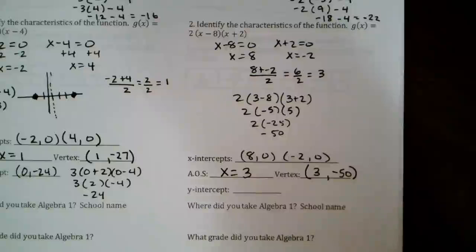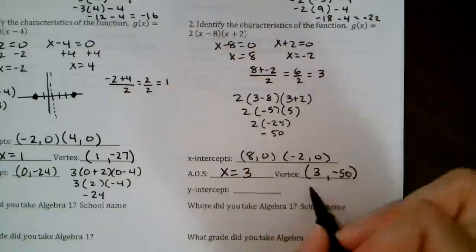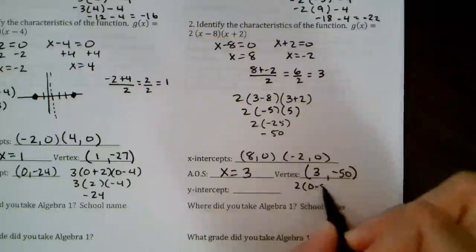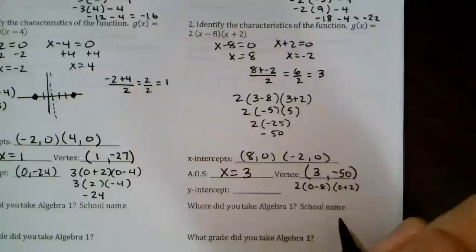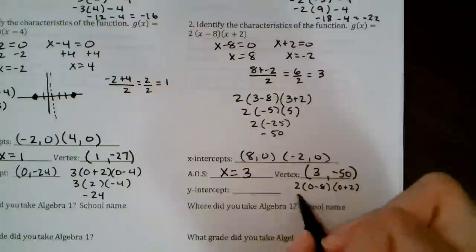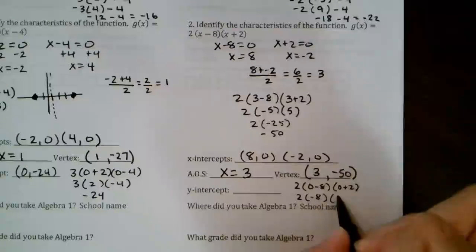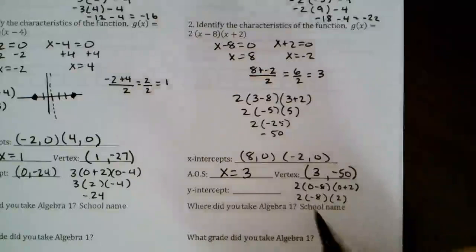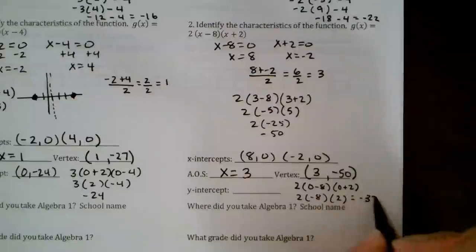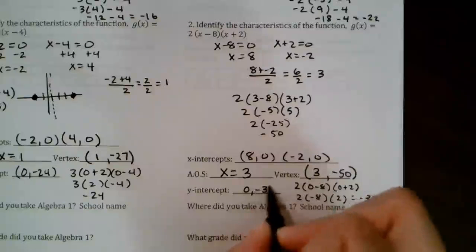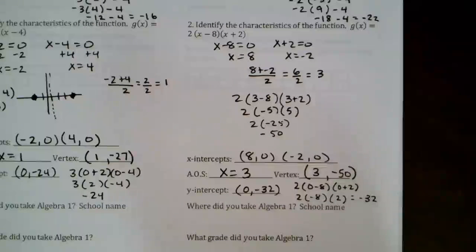Our y-intercept, we make x 0. So we've got 2 times negative 8 times 2 gives us negative 32. So 0, negative 32.